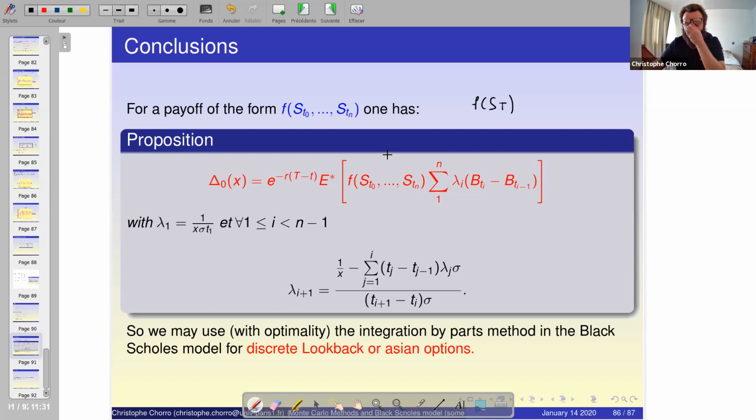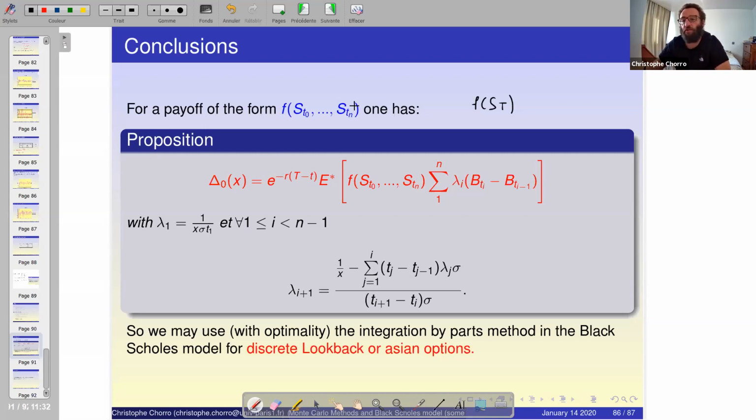And it means that in the case of the Black-Scholes model, I can use this integration by part methodology also for a discrete lookback or Asian option, that are discrete options on means or on maximum, because I have an easy extension of what I have done in slide 66 to payoffs of this form. Not necessarily a function of the final value, but just a function of a finite number of values.